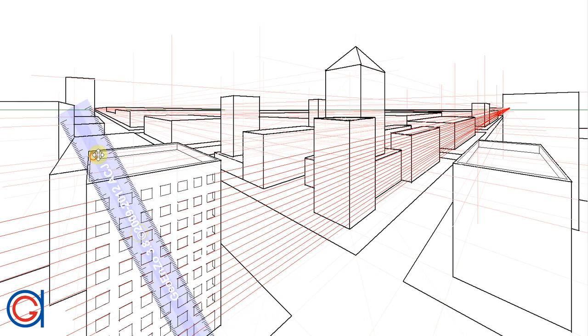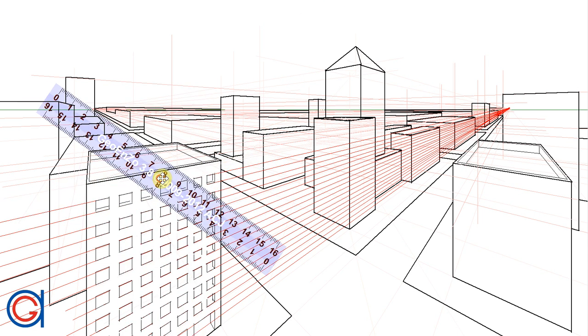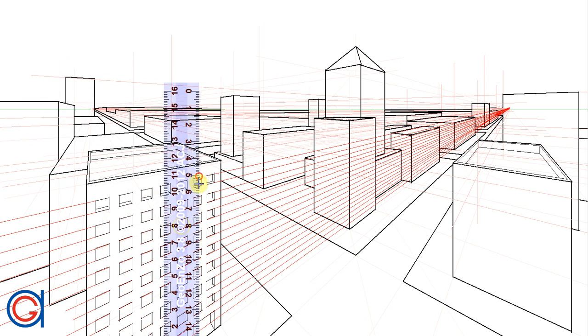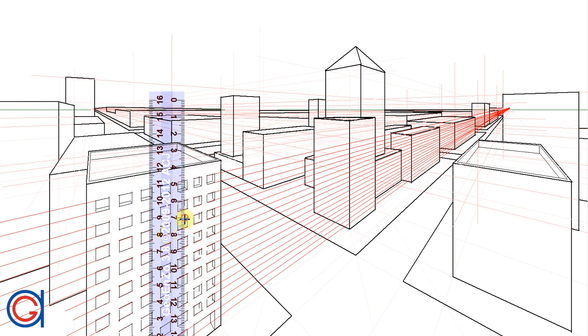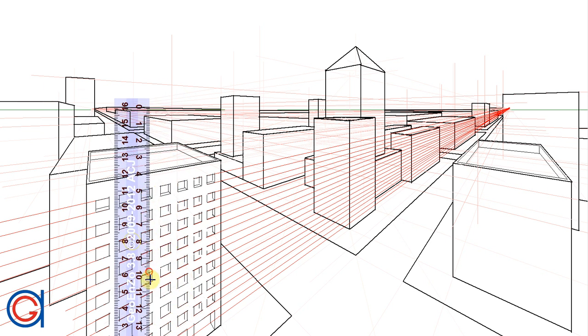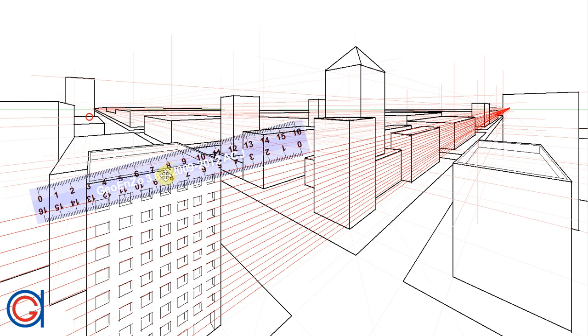So, as you may see here, we just give each window a wall thickness around, which looks more three-dimensional. We use the same process for each one.